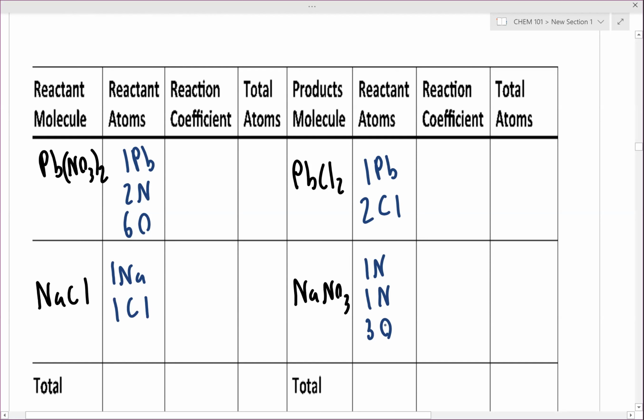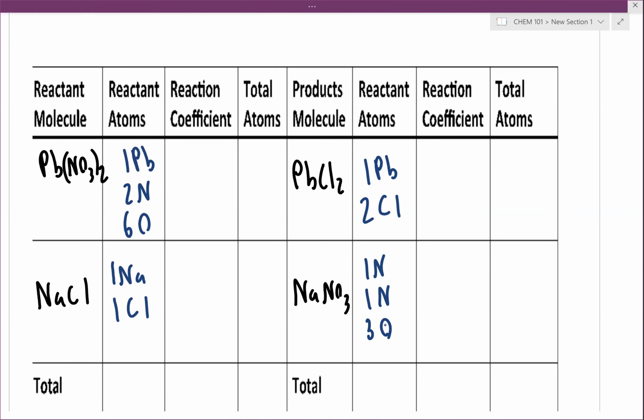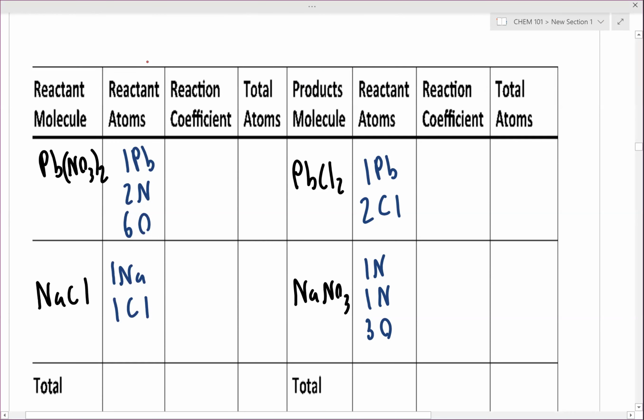Now, which elements are unbalanced in this equation? Sodium, yep. What else? Oxygen, yep. Nitrogen and oxygen.